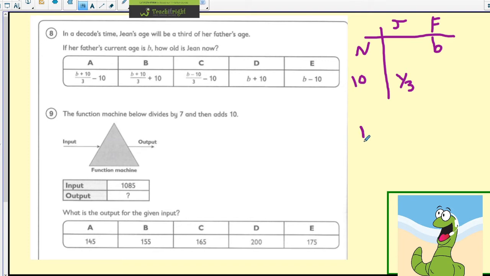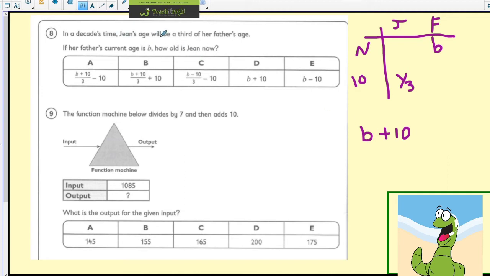So her dad's age is B. In a decade's time, so that means plus 10. Ooh, tough question, this one. So Jean's father's age in a decade's time will be B plus 10, because he was B, but in a decade's time, he'll have gained 10 years.